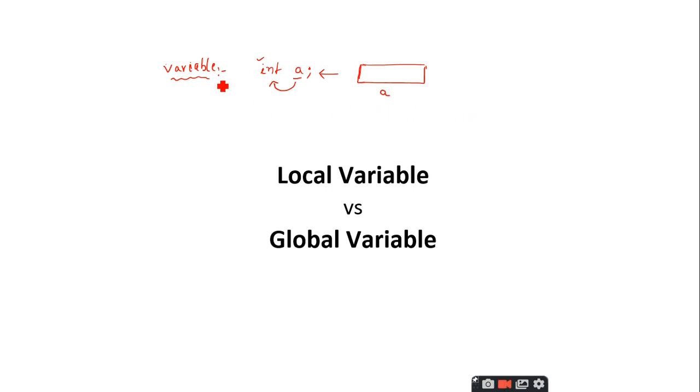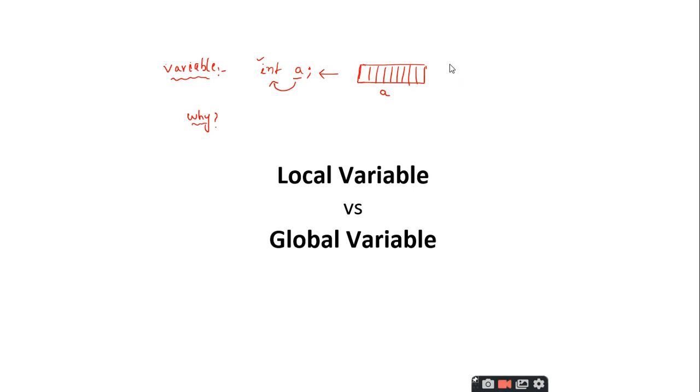So that is the reason why I am saying that a variable is an alias name to a set of memory locations. What is the need for this variable? Why do we require this variable? We know that the memory, let us assume it as cells.